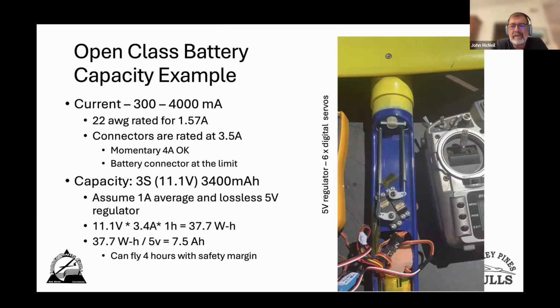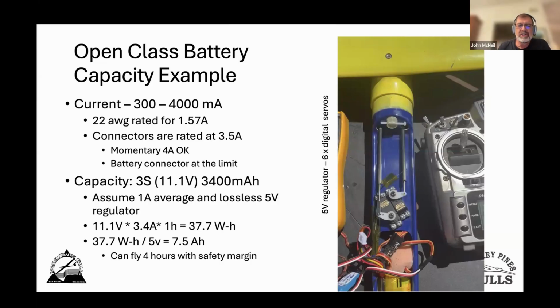Just to do the capacity math, this is a 3S lithium ion pack I made for it with a Castle regulator, and that's a 3400 milliamp hour pack at 11.1 volts nominal. This is where the milliamp hour thing doesn't help me much, because the Castle's running 5 volts. So I really need to do energy.